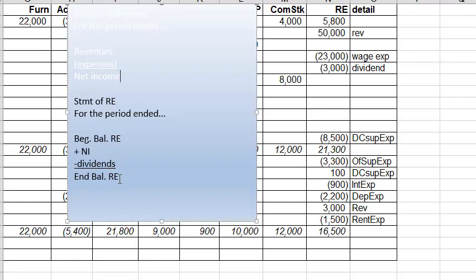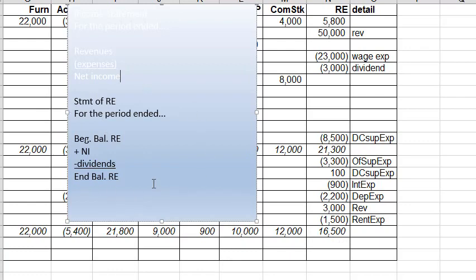The balance in retained earnings after moving all the revenues, expenses, and dividends back into that account will be what we've done right here. It'll be $16,500, and we know that it's going to take $16,500 in retained earnings to make the balance sheet balance. So this would always be the second financial statement that's prepared.